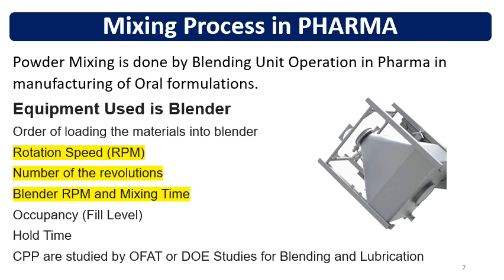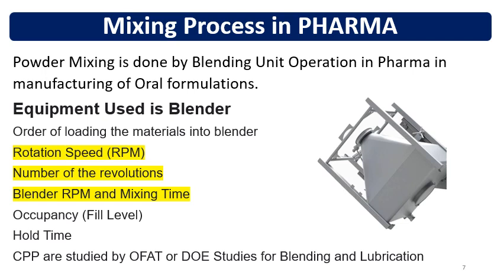Now the powder mixing process we will see in the pharmaceutical manufacturing. And the example I will take for the DC type of process for making the tablets. So direct compression process involves the powder mixing.